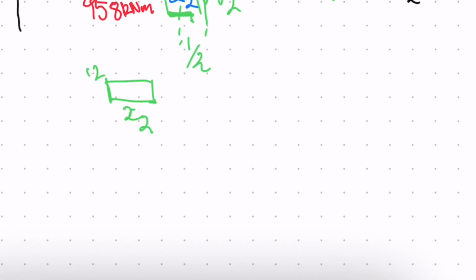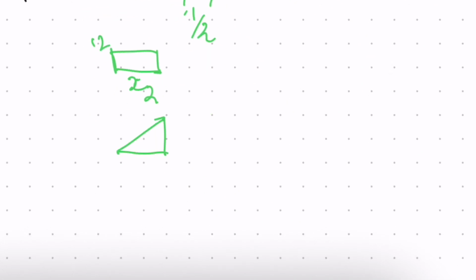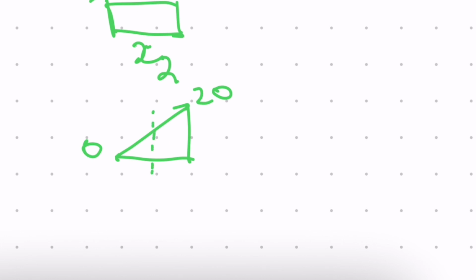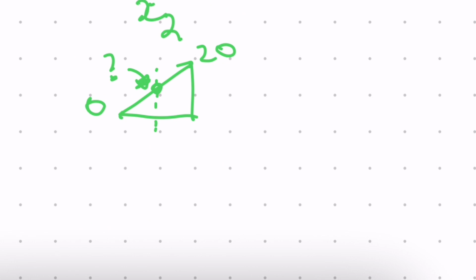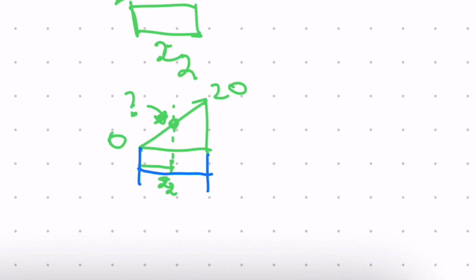So if we redraw our triangle here, we have 20 here, 0. We want to find a point somewhere here, and we don't know what this point is. We know that this distance is X2, and the total distance in blue is 4 meters.